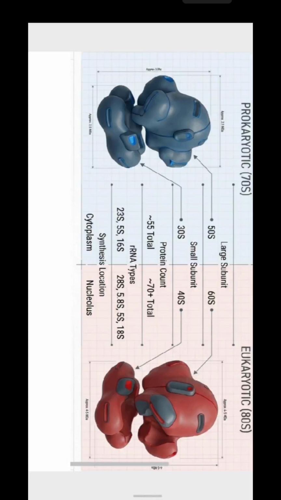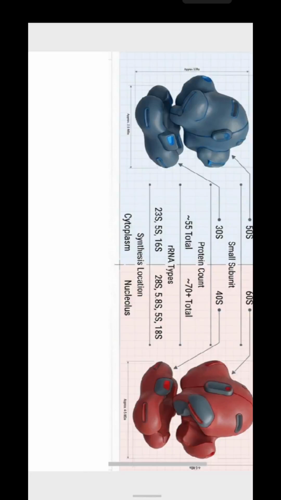If we talk about the structural components of the different subunits, the largest subunit of the 70S ribosome consists of 23S and 5S rRNA, while the smaller subunit consists of 16S. In eukaryotic cells, the largest subunit consists of 28S, 5.8S and 5S rRNA, while the smallest subunit consists of 18S rRNA.